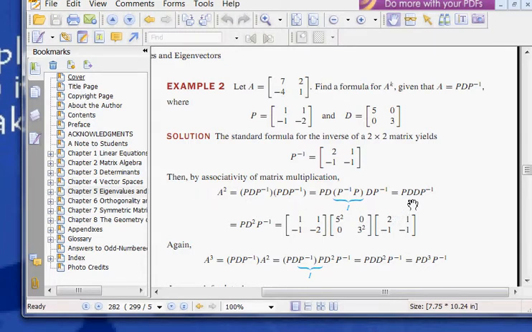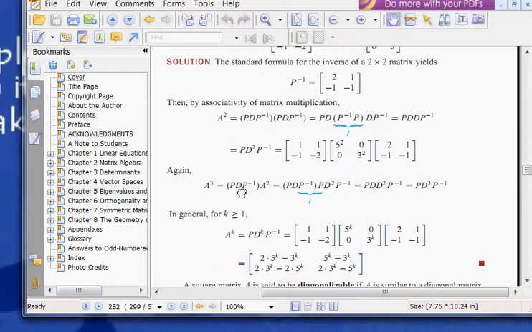What you're left with is a D squared sandwich in between a P and a P inverse, okay? Here it is again, a D squared sandwich between a P and a P inverse. And we know how to calculate D squared from example 1, so you just need to form this trio of matrices, okay? And that's how you find A squared.